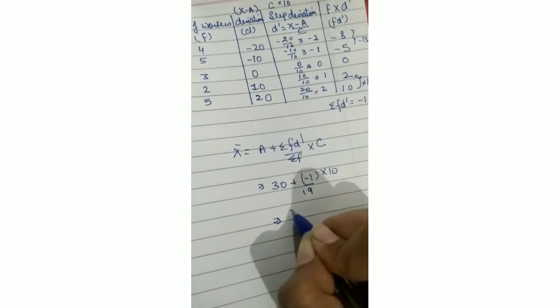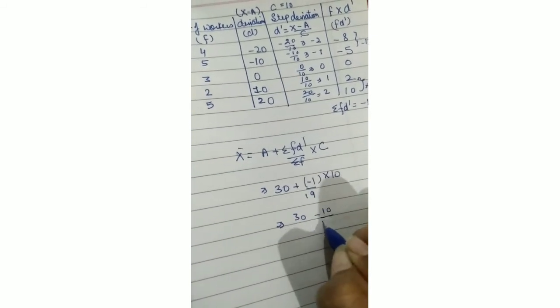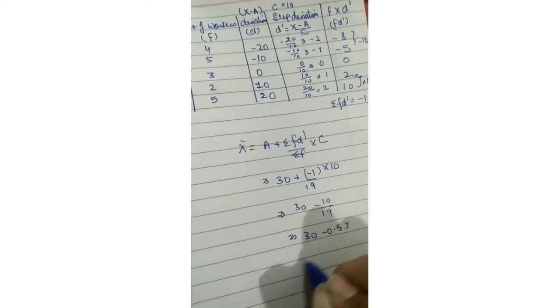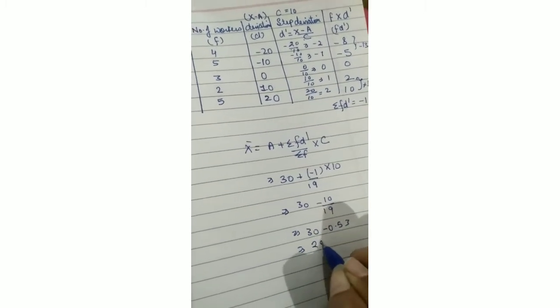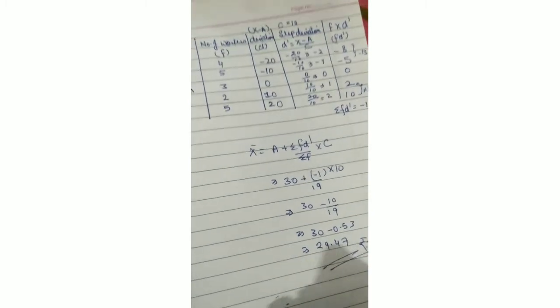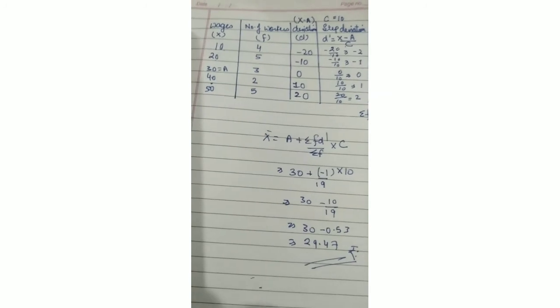So we have 30 minus 10 divided by 19, that is 30 minus 0.53, which gives 29.47. So this is our required arithmetic mean using the step deviation formula.